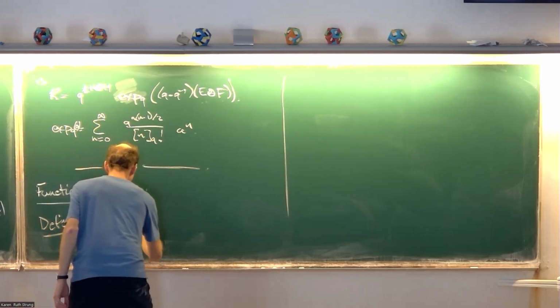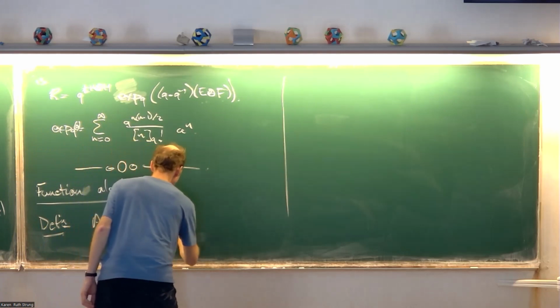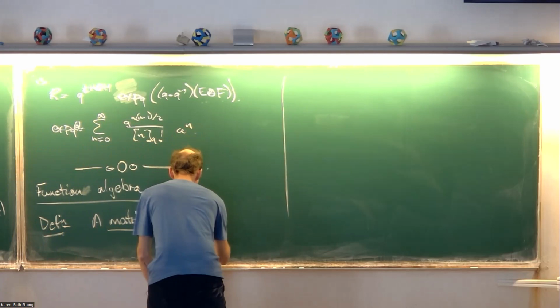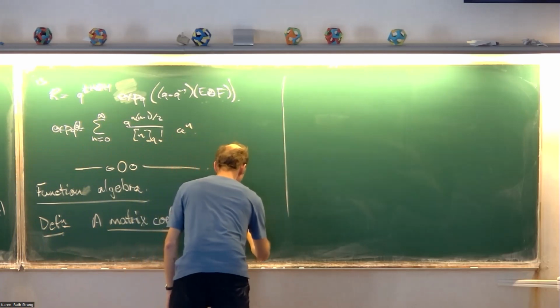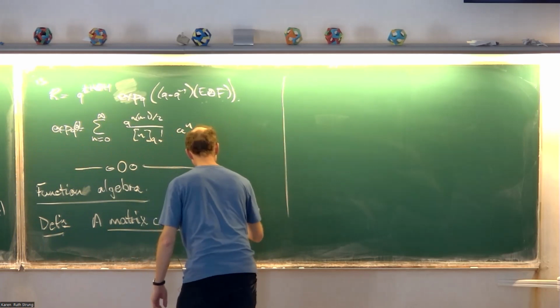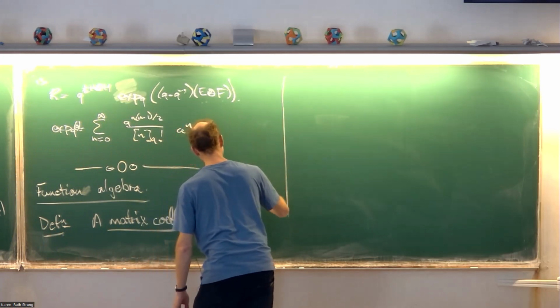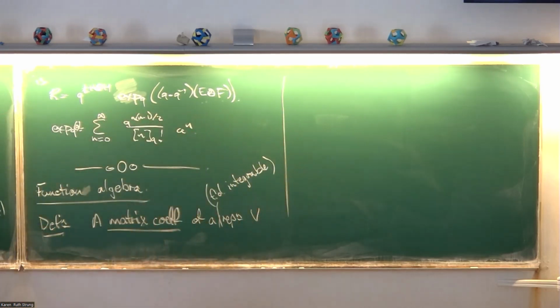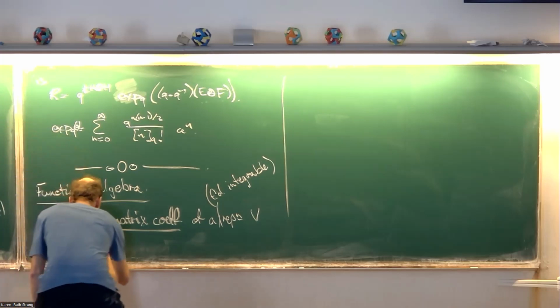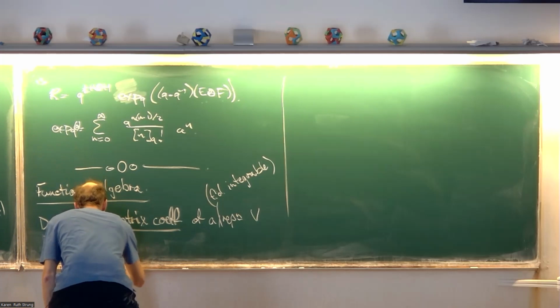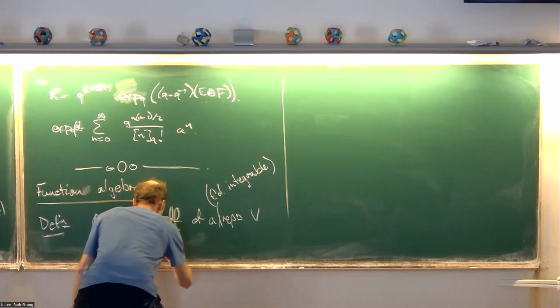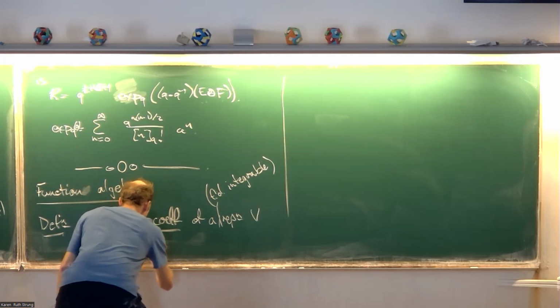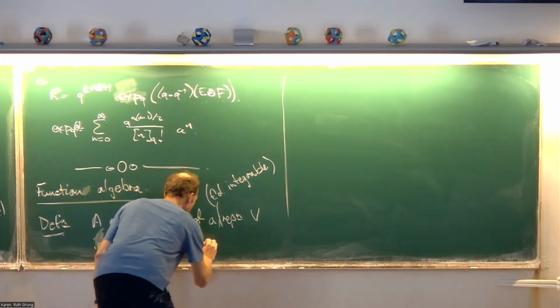So for that, we're going to use matrix coefficients. Today, every representation is going to be finite dimensional and integrable, with a few exceptions towards the end. And a matrix coefficient of this guy is an element, or let's say a linear functional, of the form.